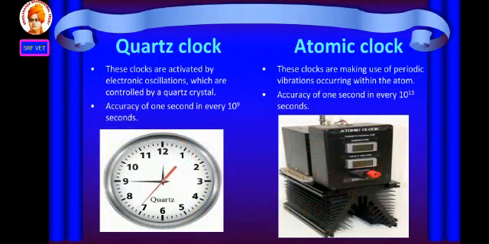The next, quartz clocks. The frequency of a vibrating crystal is very precise. So this type of quartz clock is more accurate than the mechanical clock. These clocks are activated by electronic oscillators which are controlled by a quartz crystal.